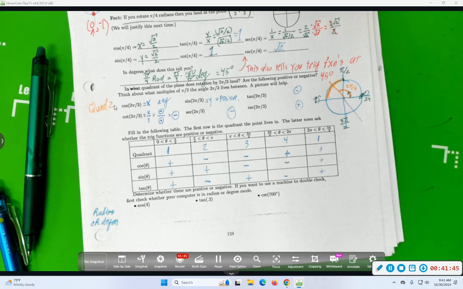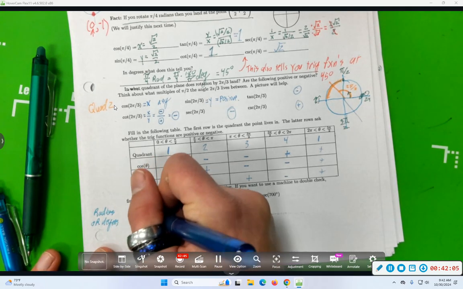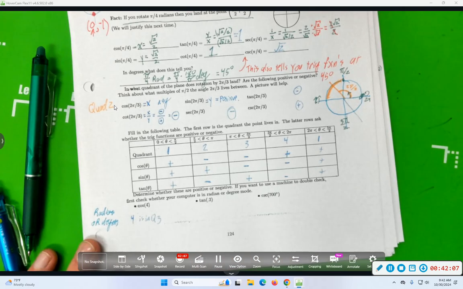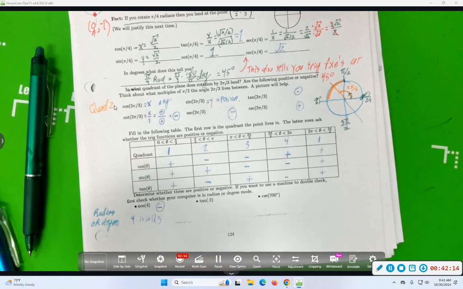Is 4 between 1.5-ish and 3-ish? Is 4 between 3-ish and 4.5-ish? Oh, cool. So 4 radians is in this case. What quadrant is 4 radians in? So 4 is in quadrant 3. So cosine, positive or negative? Negative. That feel pretty good?